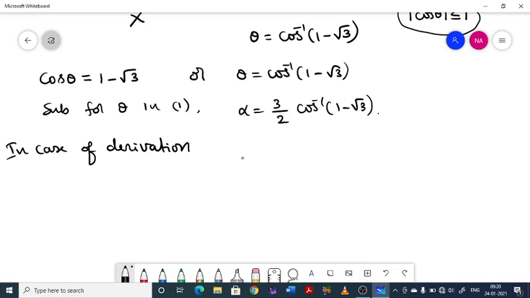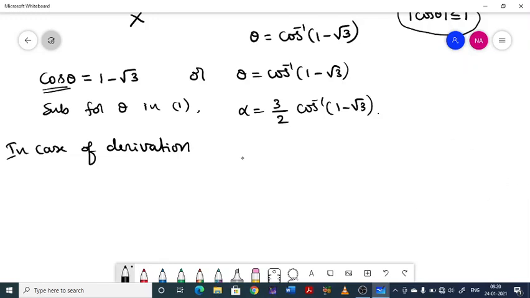In case of derivation, we have cos square theta plus sin square theta equal to 1. So from this we can write cos square theta equal to 1 minus sin square theta. So cos theta equal to square root of 1 minus, okay, sorry, this result is not useful because I want to get cos theta only.